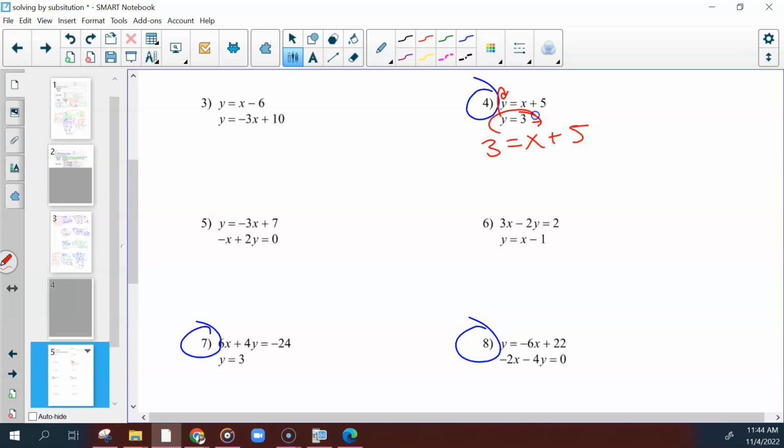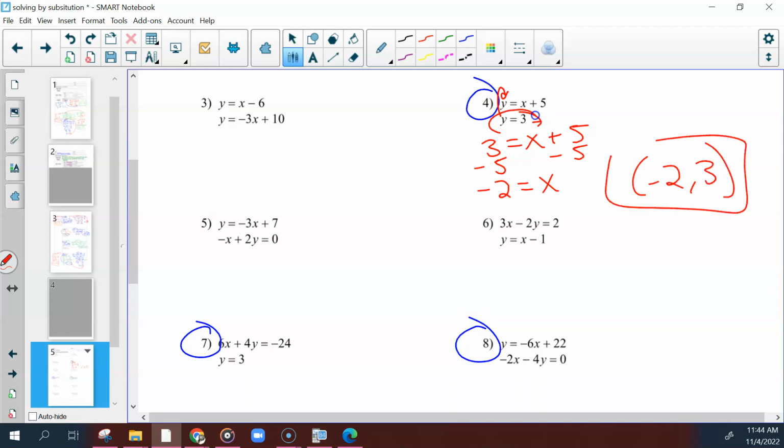When I did it, I was like, that doesn't look very good. So there will be one less set of work with those type of problems when you're given x or y. Still have to write it as an ordered pair though. Have any questions about that? The process, the answer, anything?